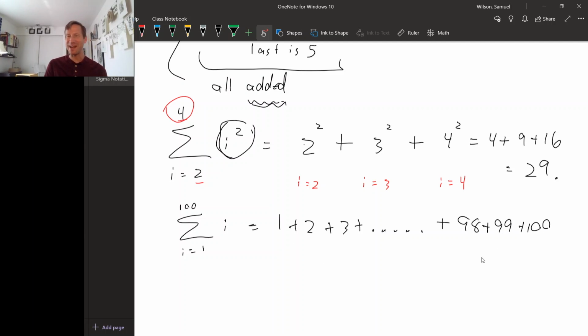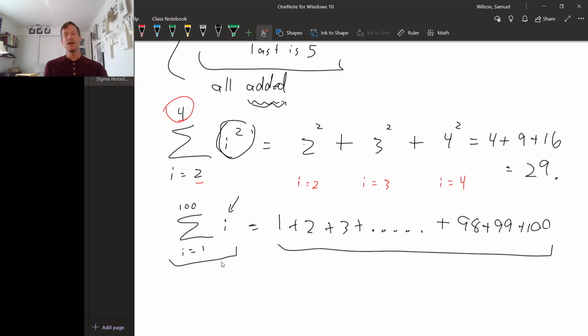I wouldn't want to write out this entire sum. It would take forever. But sigma notation takes advantage of the fact that all of the terms follow a pattern to describe the entire sum using just the pattern.